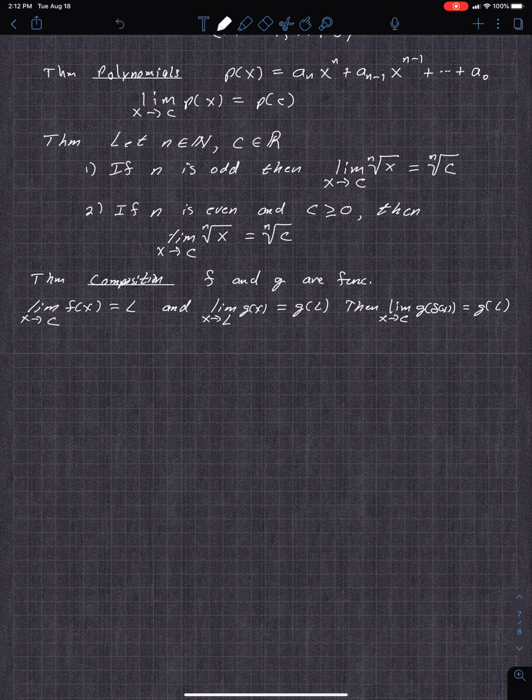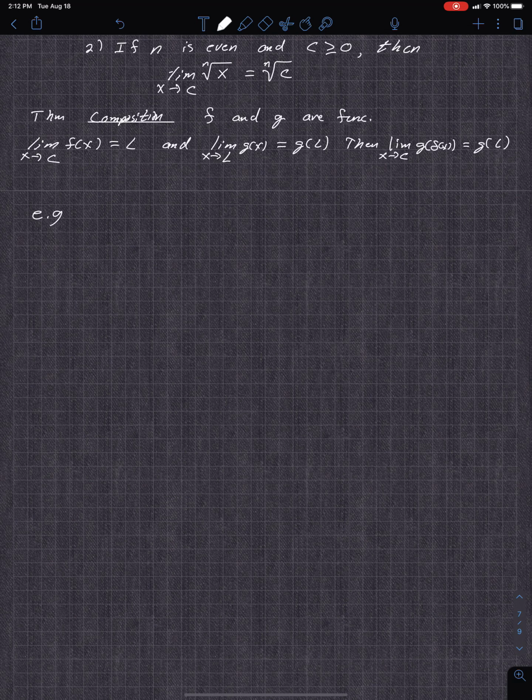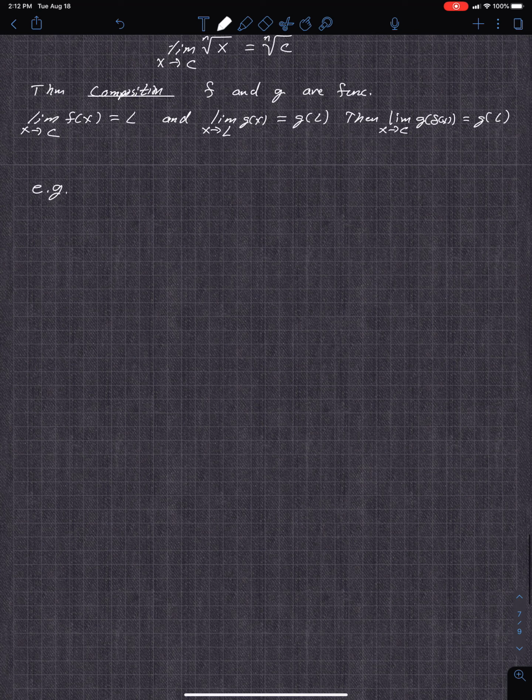Okay, so here's a quick example, for example to apply a couple theorems above. Evaluate the limit of x squared plus 2x plus 1, cubed, as x approaches 1. I'm kind of making it easy here. So this is basically a composition of functions with a polynomial. So f of x is the polynomial x squared plus 2x plus 1.